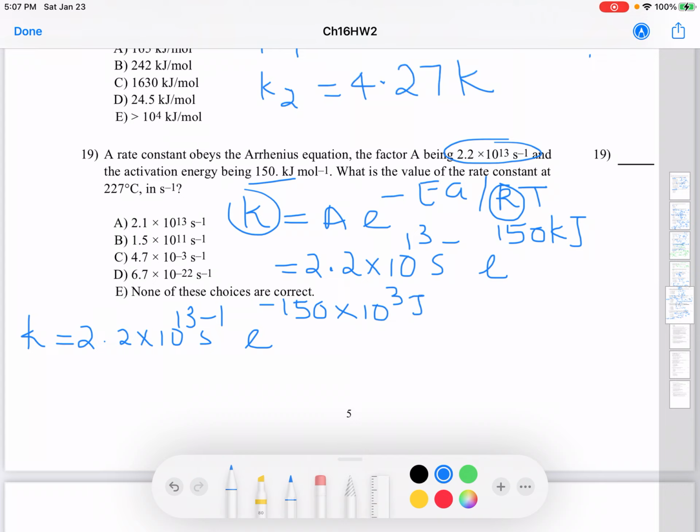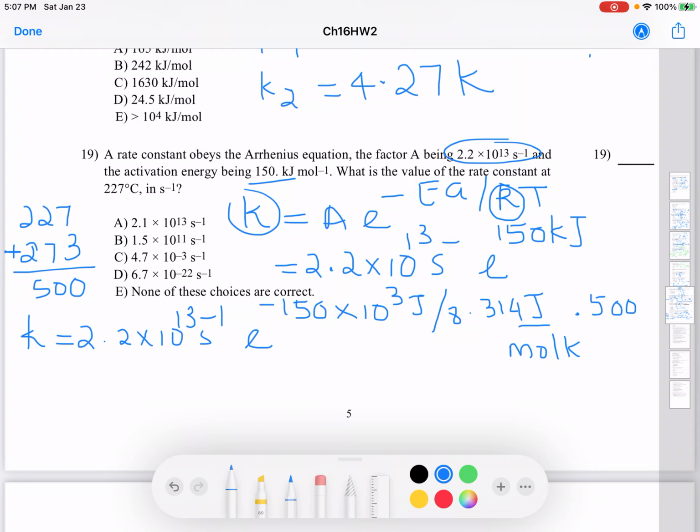Over the gas constant, 8.314 joules per mole per Kelvin, times the temperature 227. So 227 needs to be converted to Kelvin by adding 273. That will make it 500 Kelvin, the temperature in Kelvin.